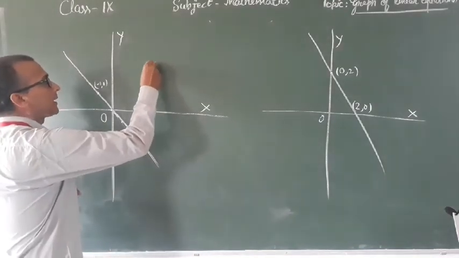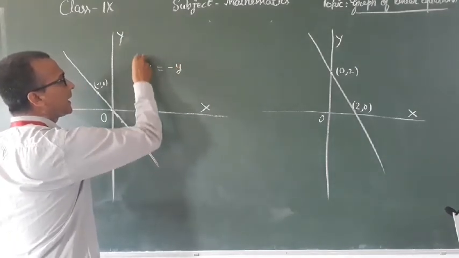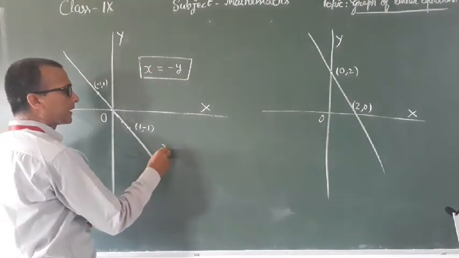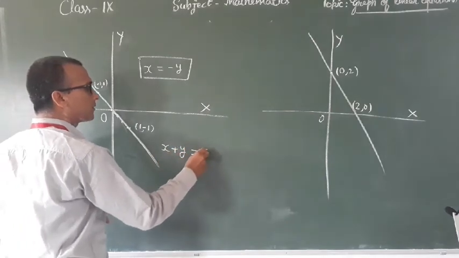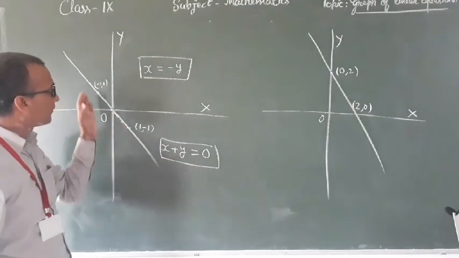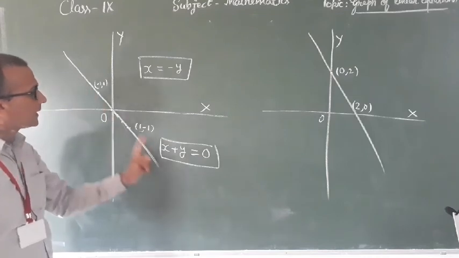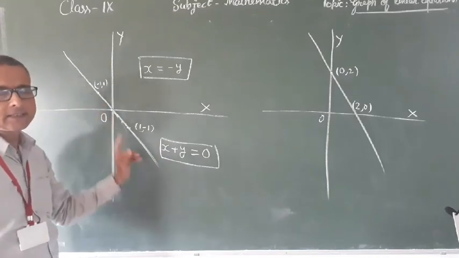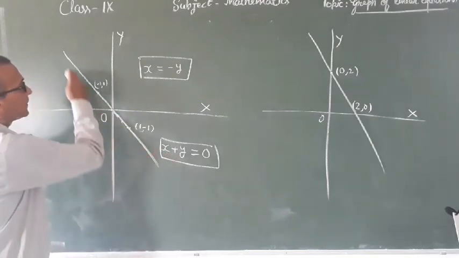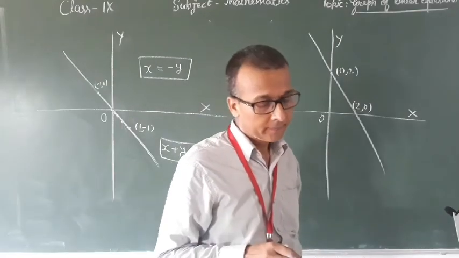So you can say if x is equal to minus y, then it will satisfy this equation. Also it can be written as x plus y is equal to 0. Put the values of x and y through which it passes. You will get that this equation satisfies this line. So it is the linear equation which represents this line. So option number 2 is correct.